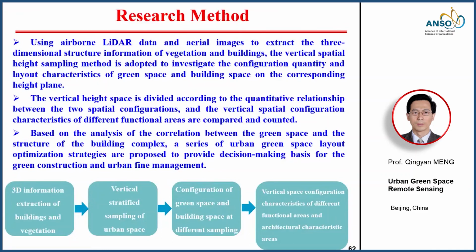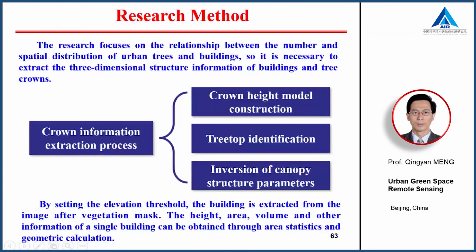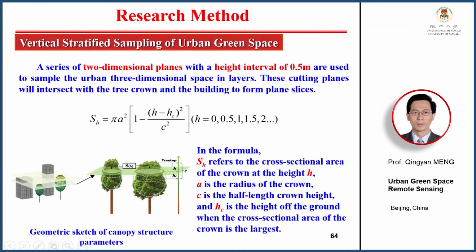How to use it? Just to light the urban green planning and optimizing. Okay, so we use the quantitative information we have just retrieved, and then we have developed the vertical strategy-defined sampling of the urban green space, which is a series of 2-dimension planes.